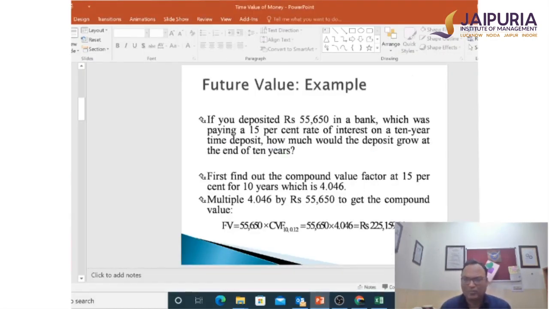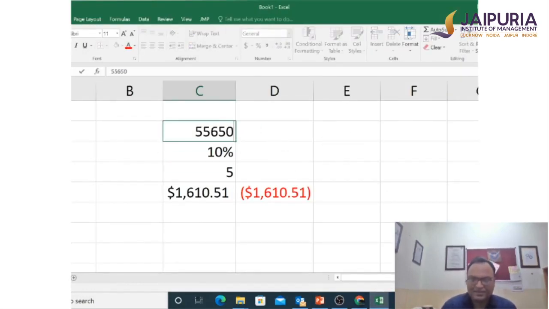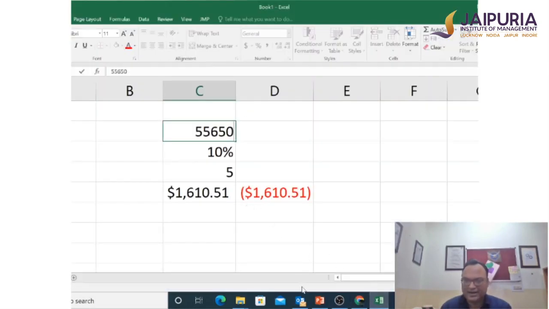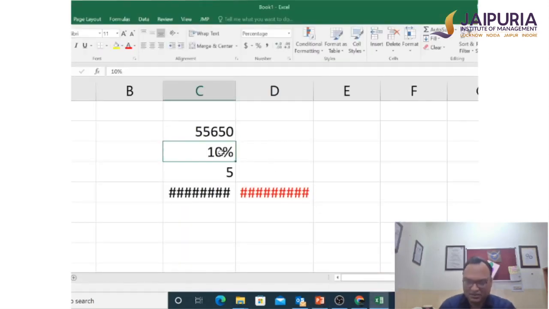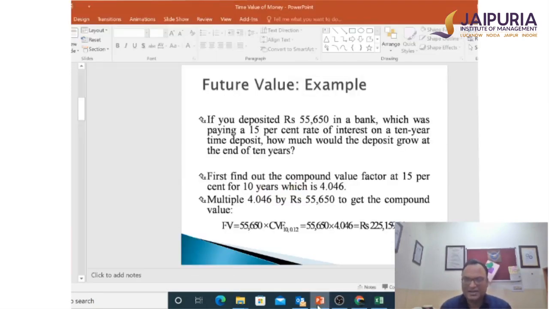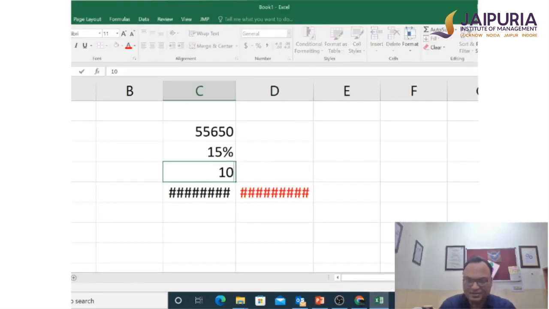So the amount of money deposited is 55,650, and the rate of return is 15%. So I make it 15%, and time is taken as 10 years. So let me change this to 10 years.